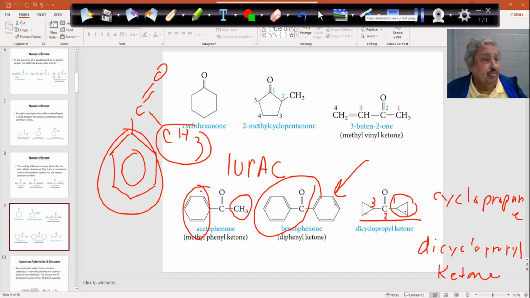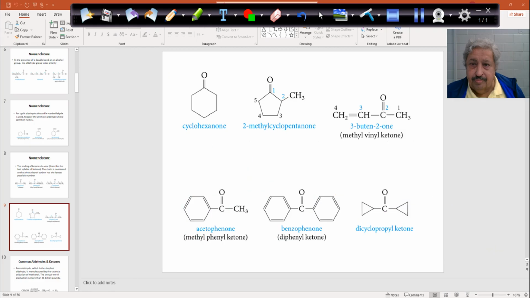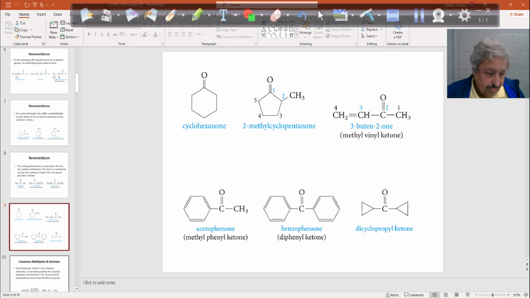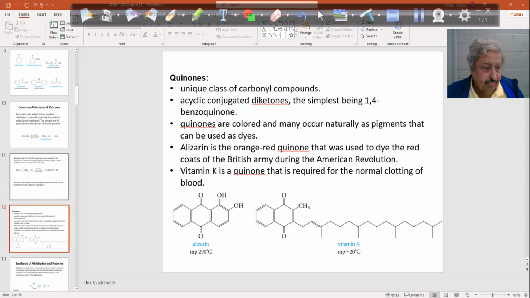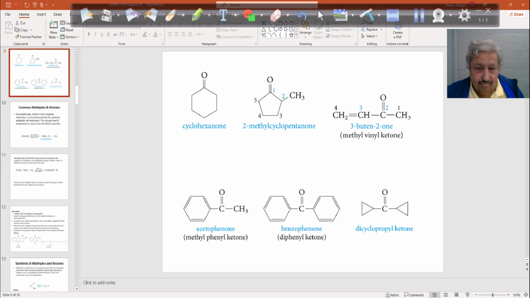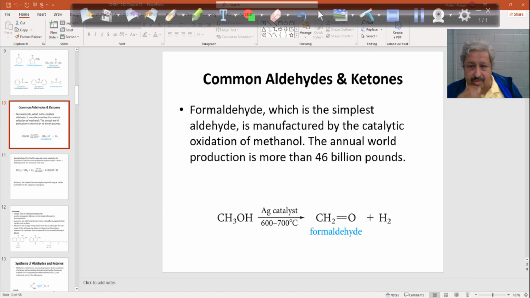But the ketones start with 3 carbons. You need 3 carbons to form a ketone.